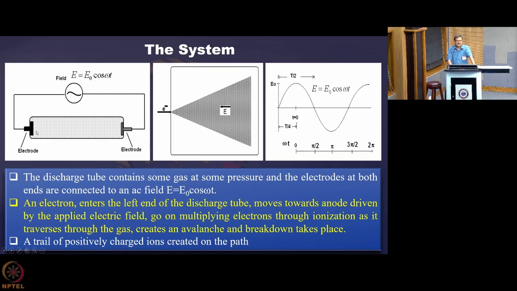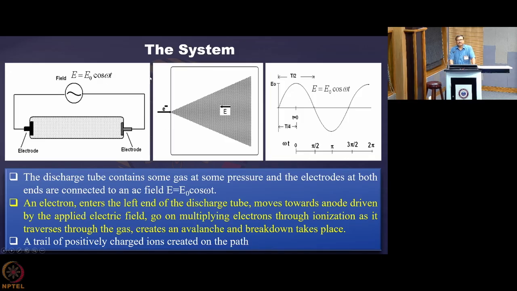For example, suppose it is now the cathode, and that electron, as it proceeds towards the other electrode, forms an electron cloud. Why have I shown it in the form of a cone? Because 1 to 2, 2 to 4, 4 to 8, like that, they are multiplying. And when they reach the anode, they should be infinite for the breakdown to happen. And once such things happen, you get the plasma formed within this tube.